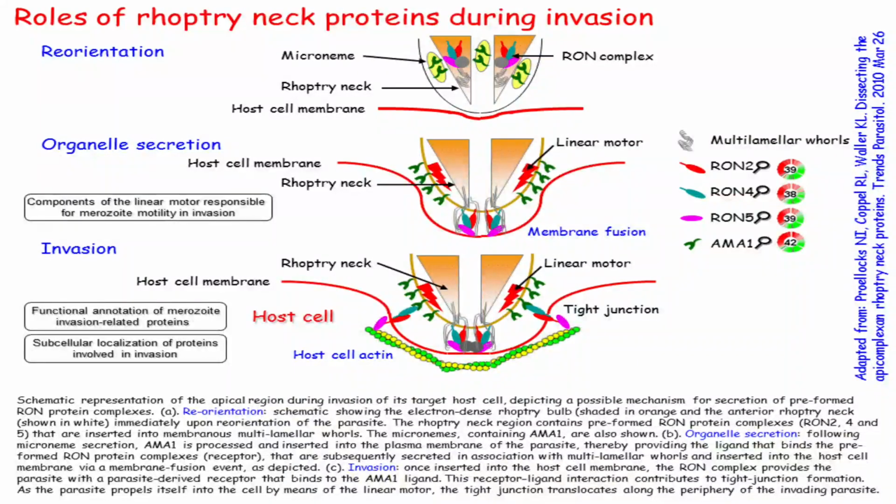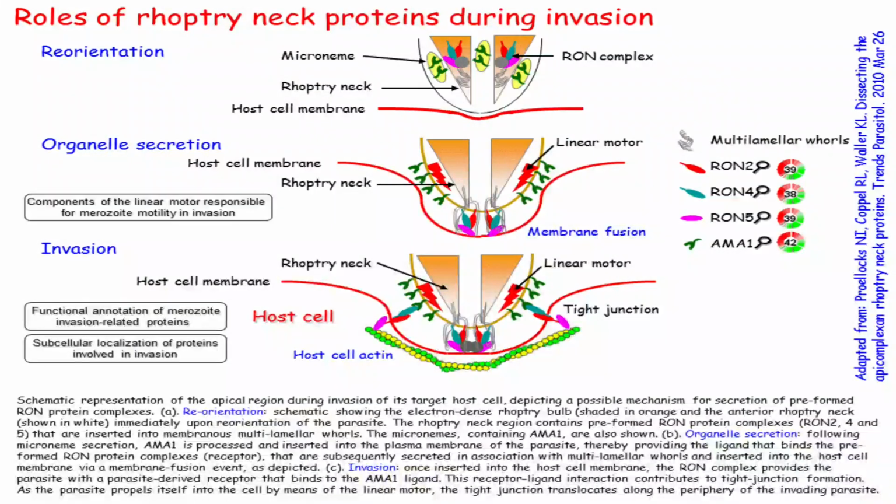We see a schematic representation of the apical region during inversion of its target host cell. During reorientation, the schematic shows the electron dense Rhoptry bulb shaded in orange and the anterior Rhoptry neck shown in white here below.